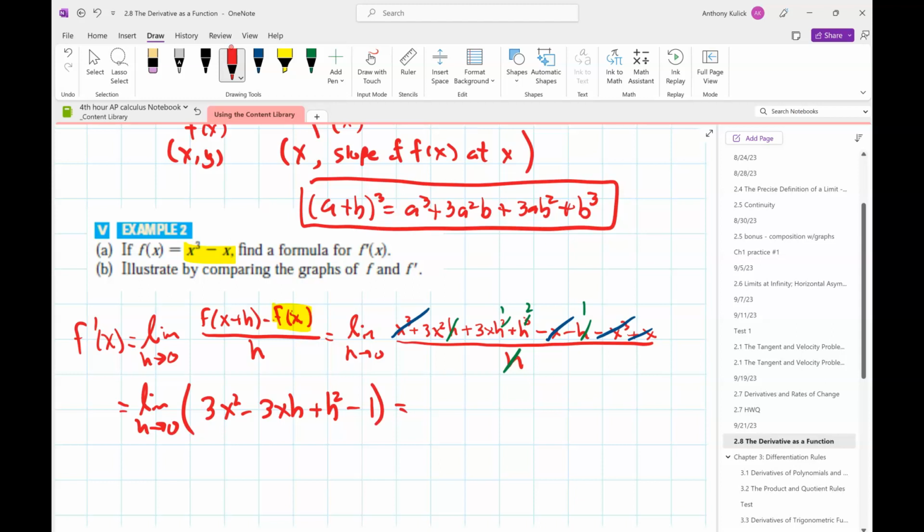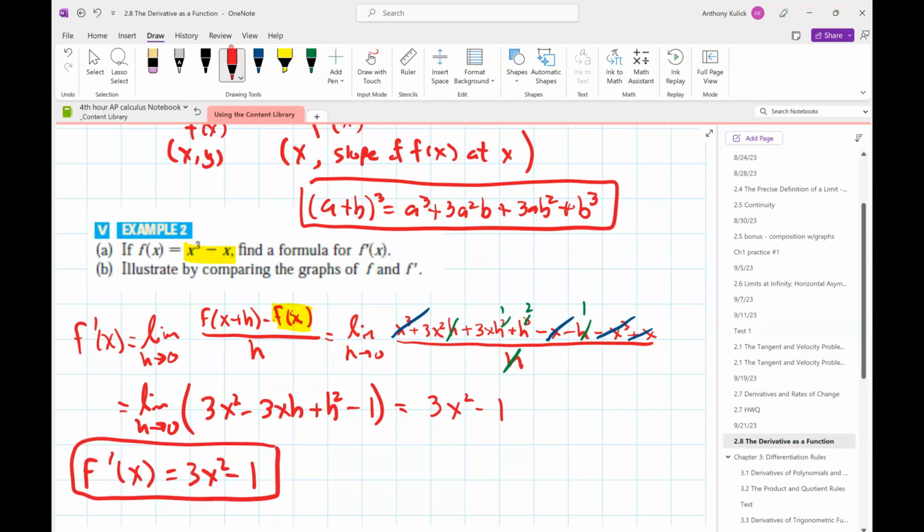When we do a direct substitution for h equals 0, we're left with 3x squared minus 1. So there's my derivative as a function.